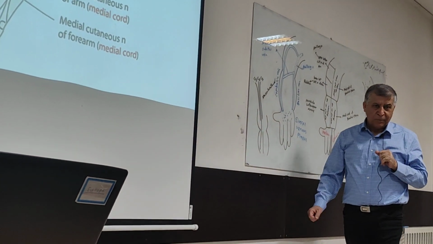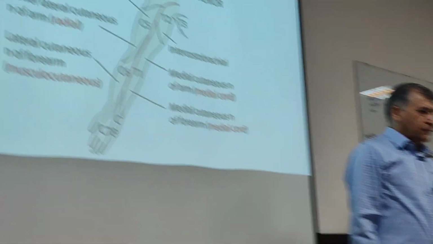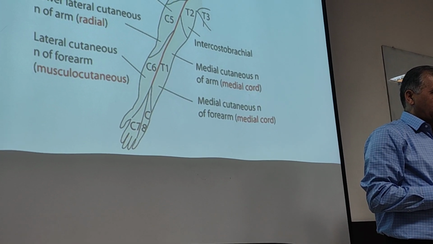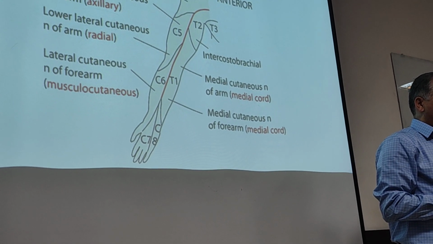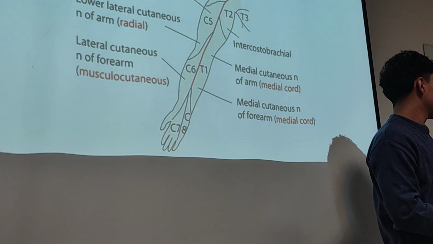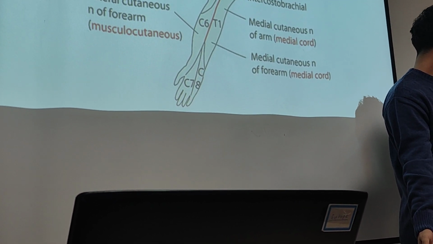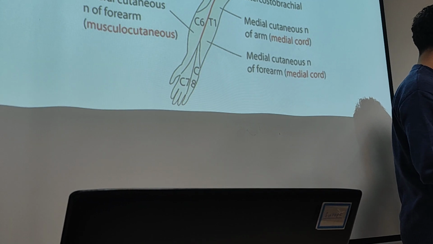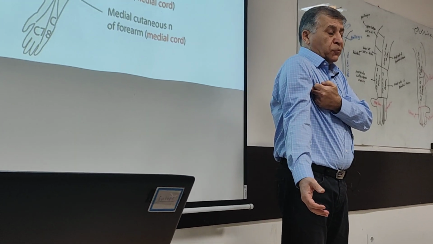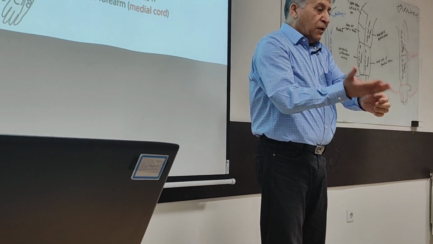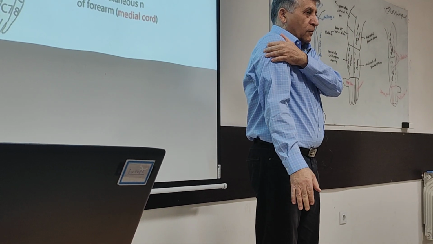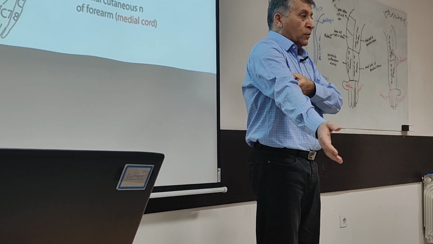For example, if you are a doctor and I ask you to test my sensory innervation of the upper limb: T2, lateral side C6, little finger C8, thumb C6, middle finger C7. It's very easy, but it's very important.